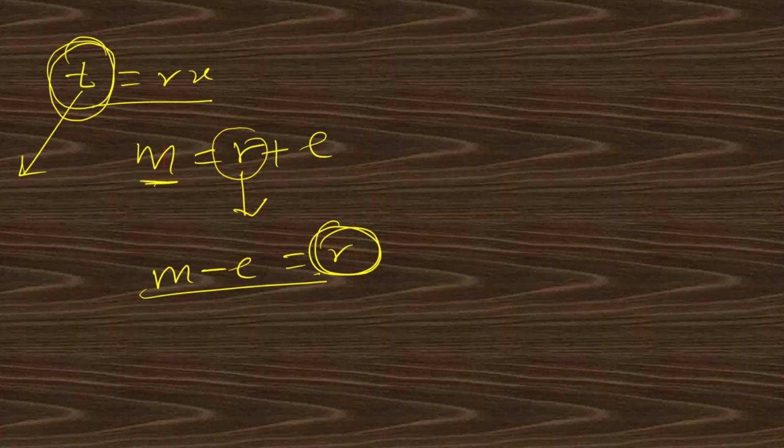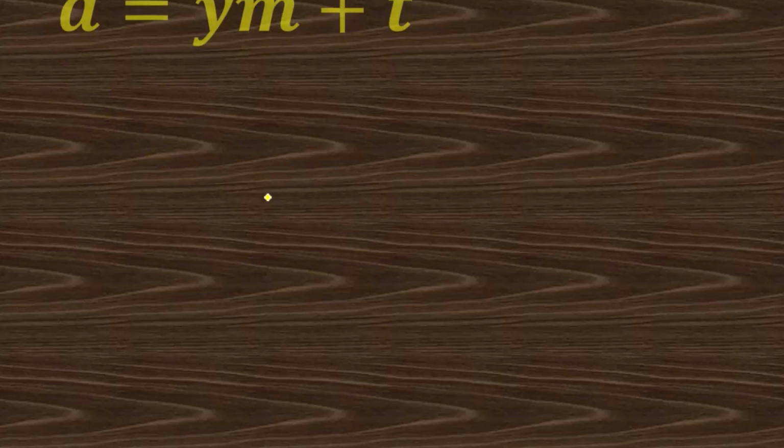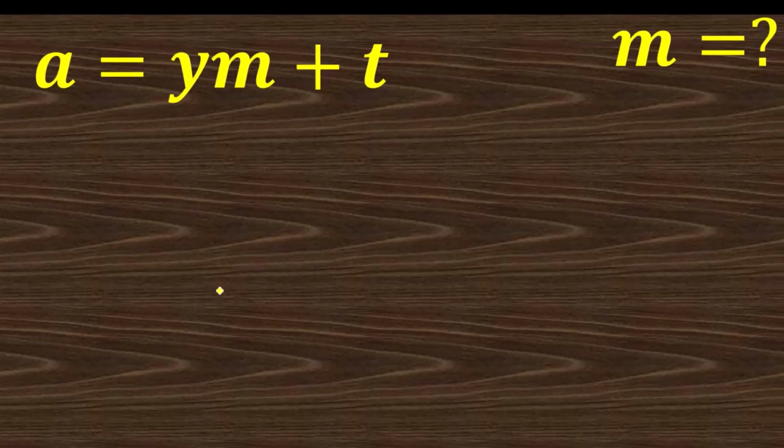Example 1. So we have a equals ym plus t. We have to make m the subject. So let's look at where m is. I'll make sure m stands alone.